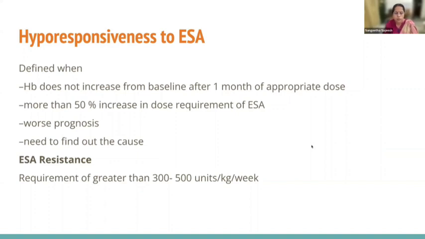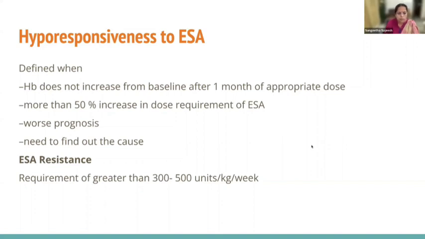So compared to a CKD patient who responds to erythropoietin stimulating agents, a person who has decreased response has a bad prognosis. And always, if there is hyporesponsiveness, we have to go back and check whether there is any other missed cause of anemia other than CKD itself.